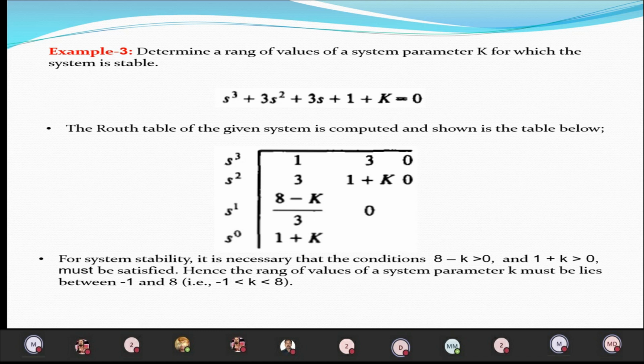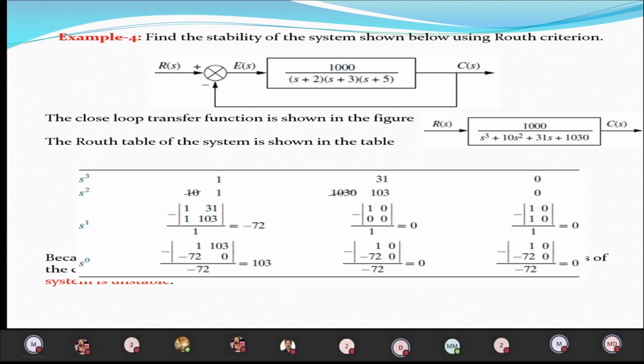Once you finish determining the closed loop transfer function, only then do you consider the characteristic equation from the denominator, and from that construct the Routh array. Many of us make the mistake of trying to solve the problem directly, which makes the whole problem wrong. We have to avoid that.